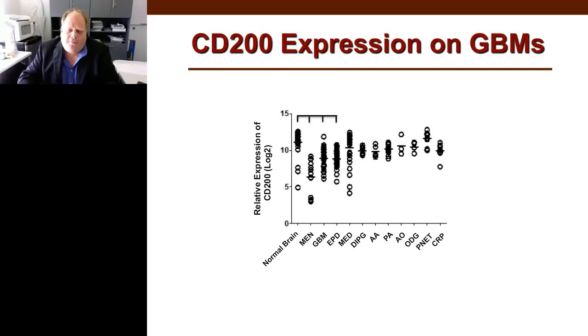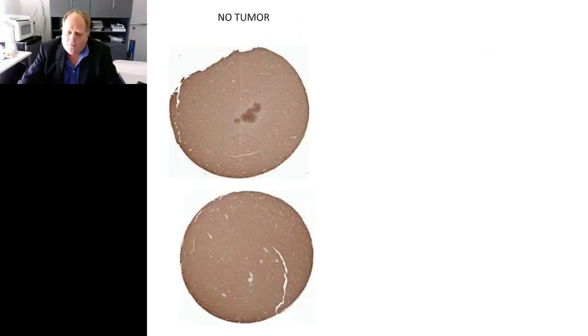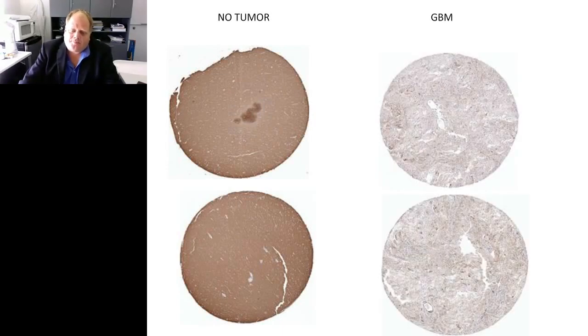So remember before I told you that high-grade gliomas, GBMs, ependymoma, medulloblastomas have high transcription levels of CD200. Well, when we looked further into that, we could see a brown in a normal tissue, CD200 staining, but that wasn't the case, as I showed you earlier, in glioblastoma multiforme.